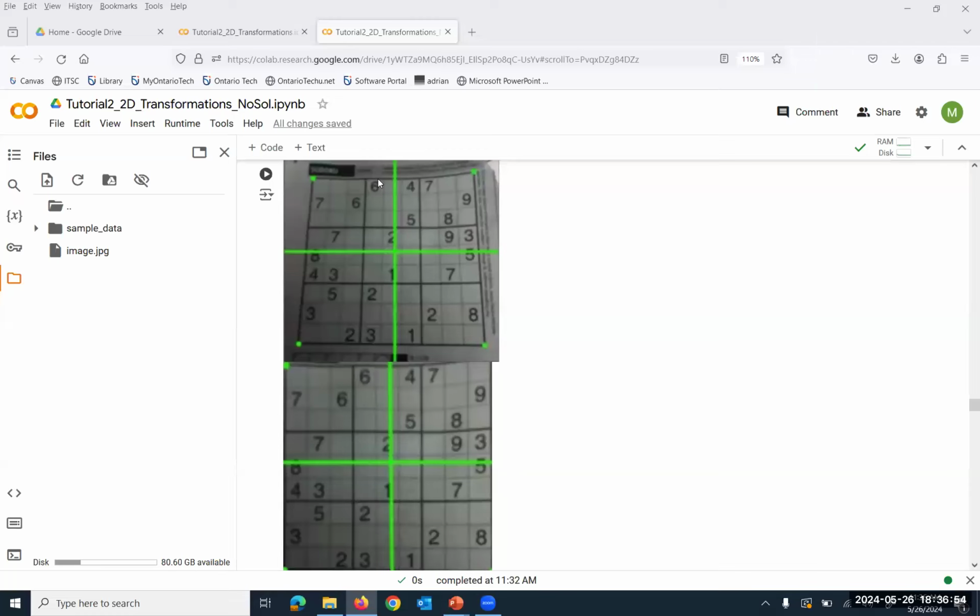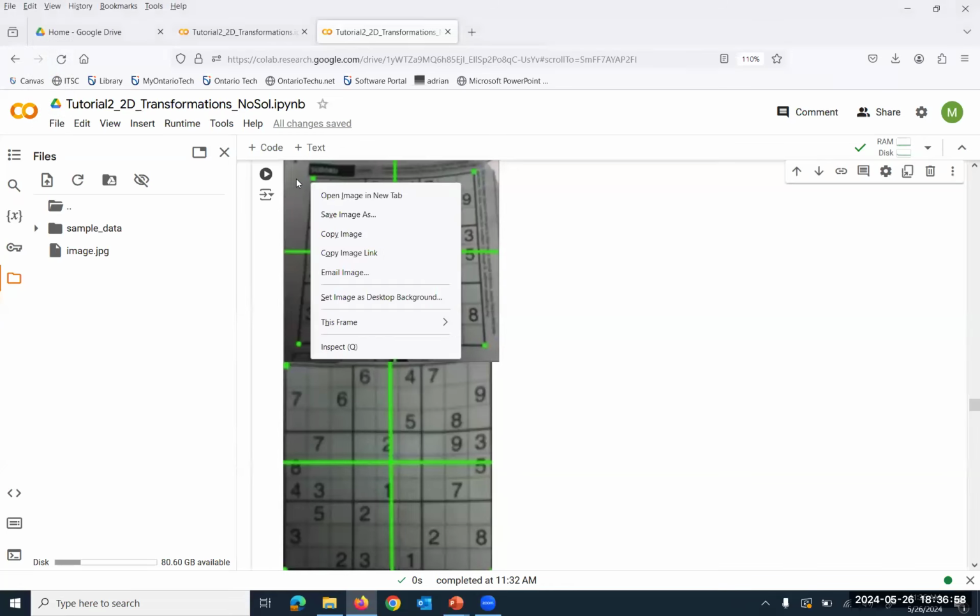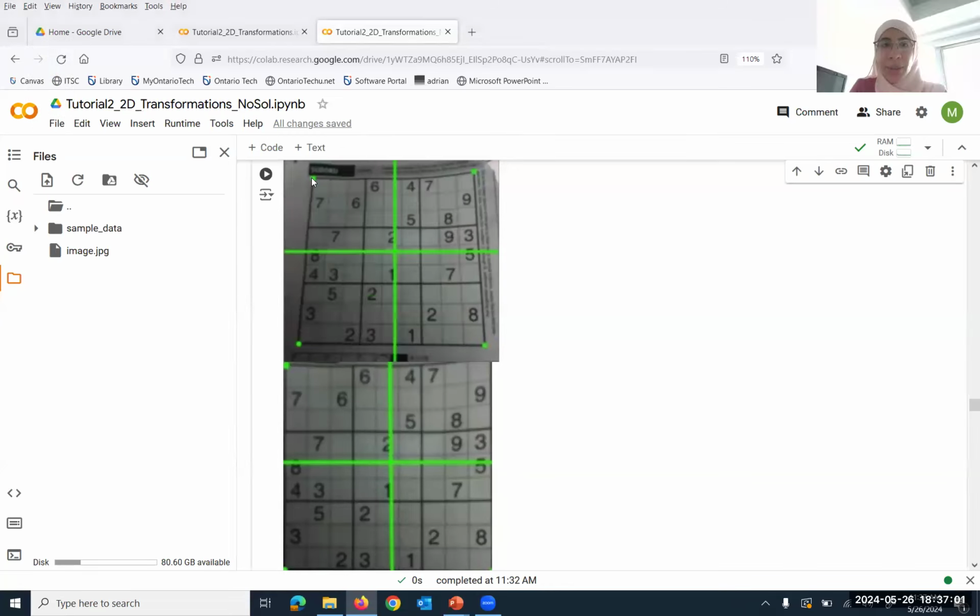So the source points would be the green dots, the edges of the Sudoku puzzle. Exactly, the corners. So these 4 green dots, that's the source. What would you do for the target?